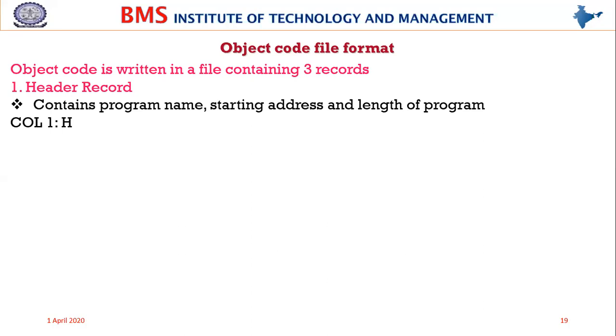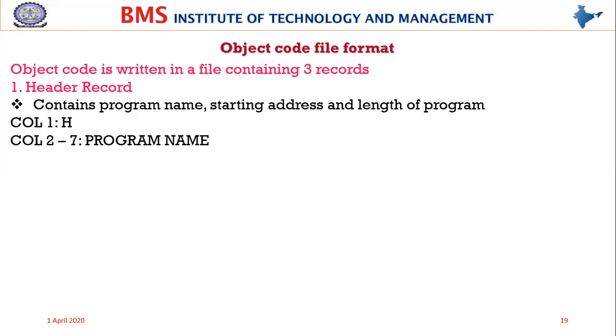Now the columns of the record. A record is something like a structure you can think of, wherein we have a number of data members, so each set of columns represents a particular thing. Here in the header record, column 1 is indicated by H, which indicates that the record is a header record. Column 2 to 7 is the name of the program, whatever name you can give.